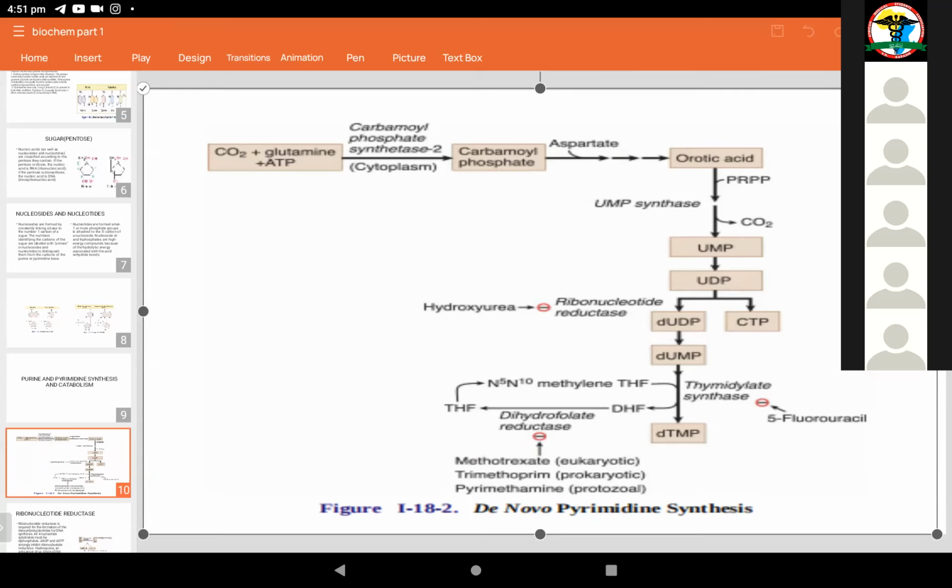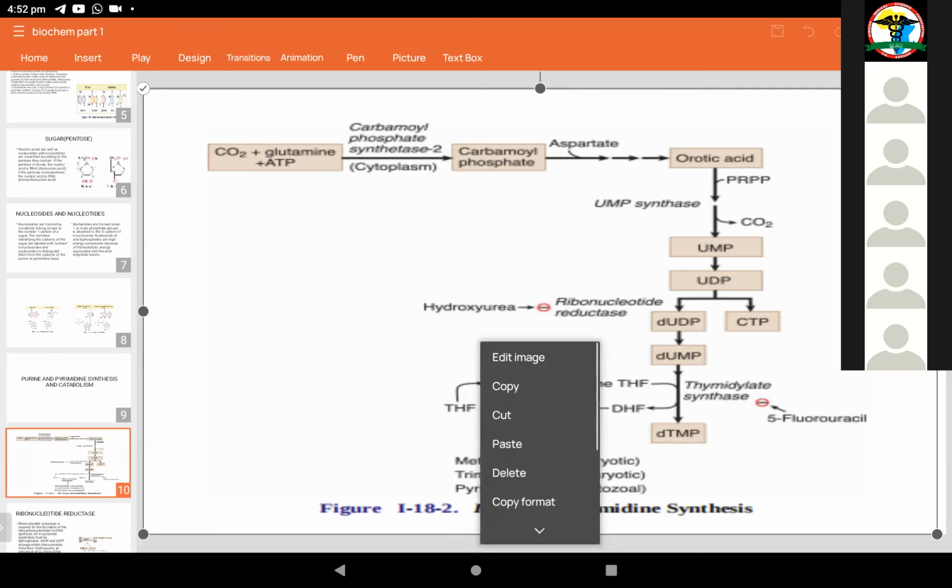Folate is basically converted to dihydrofolate. The dihydrofolate is then converted to tetrahydrofolate. Tetrahydrofolate is converted by adding a methyl group, that is a CH addition to it, in order for it to donate that CH to something else. And I'm going to show you guys what I'm talking about.